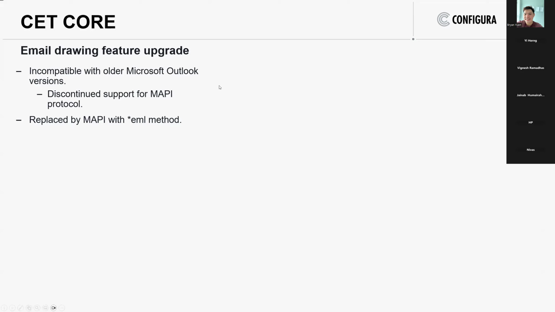So it is no longer compatible. What we've done is we made the decision to discontinue the support for the MAPI protocol, which is what we are currently using, and replace it with the EML method. That is to ensure continuity and to minimize disruptions for manufacturers using the email drawing feature.